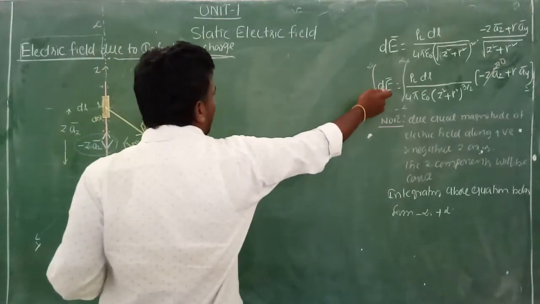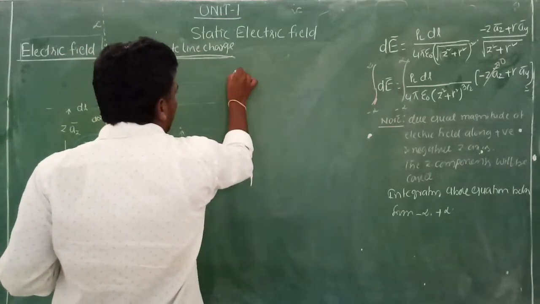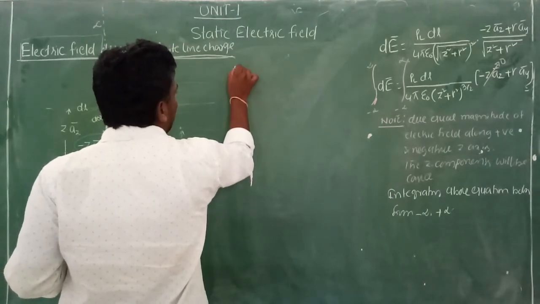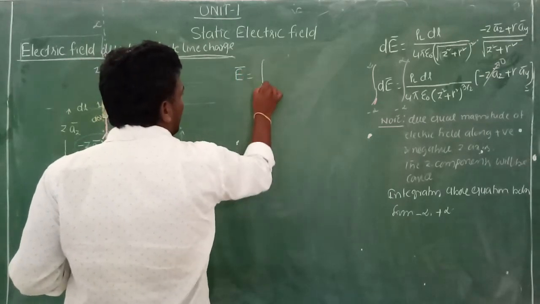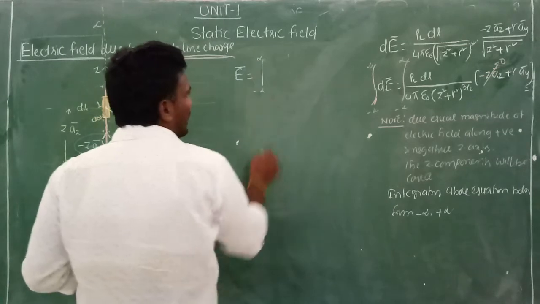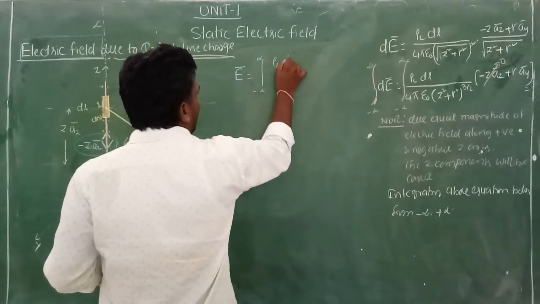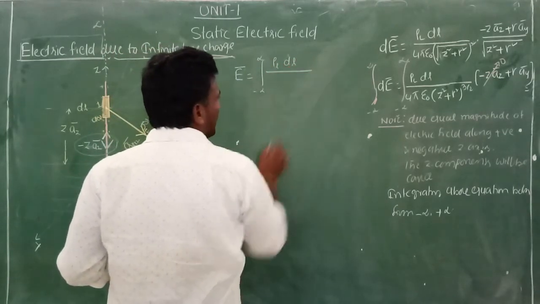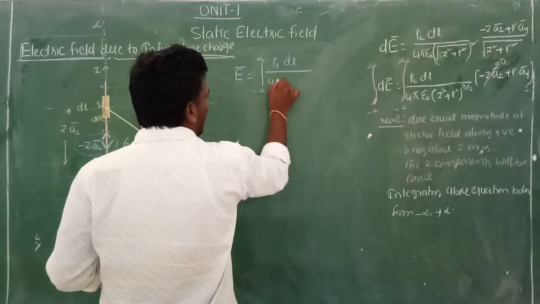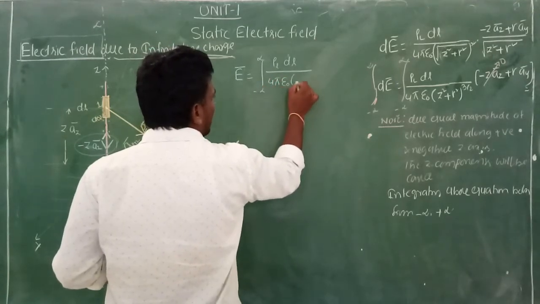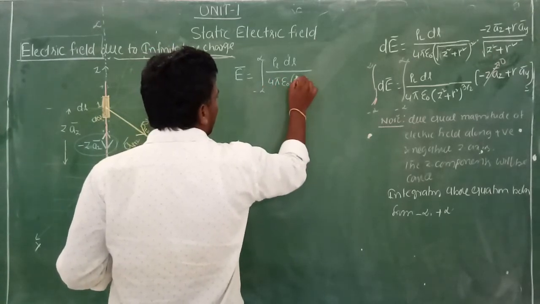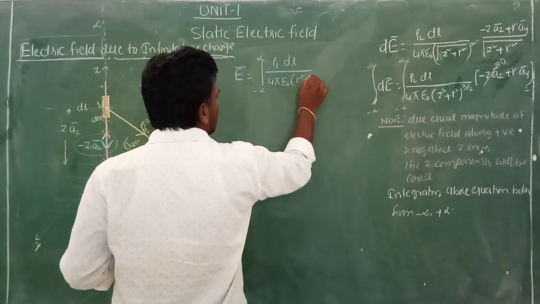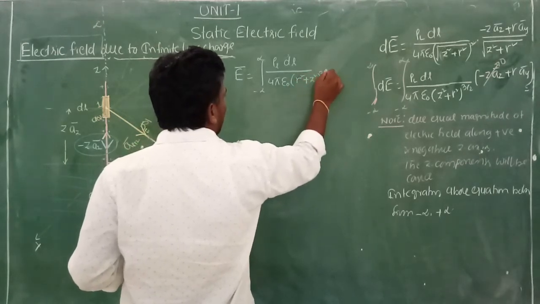So after integrating on both sides of this equation, E bar is equal to the integral from minus infinity to plus infinity of rho L dl by 4 pi epsilon naught under root of r square plus z square whole power 3 by 2.